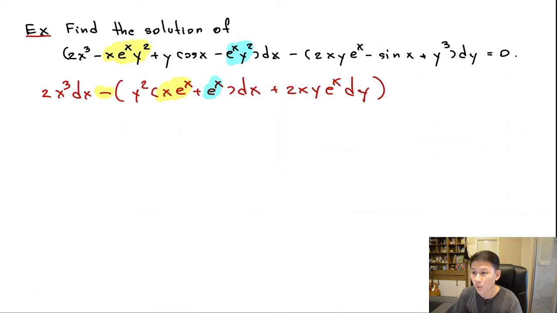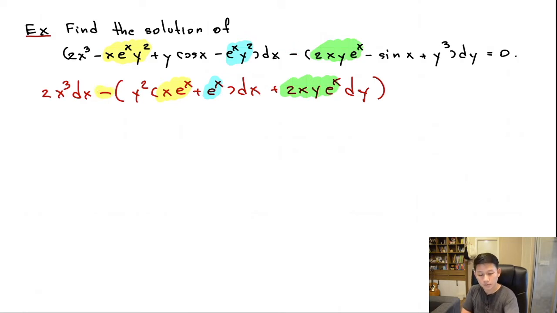I pull y squared out, and we get dx. And for the next one, 2xy e to the x dy is from this. Make sense? And the minus sign here, actually here.